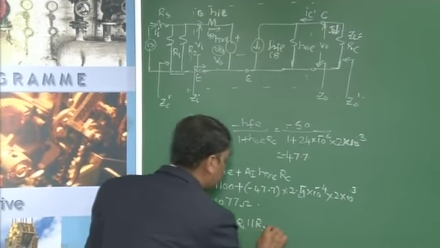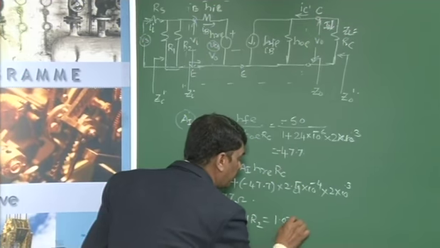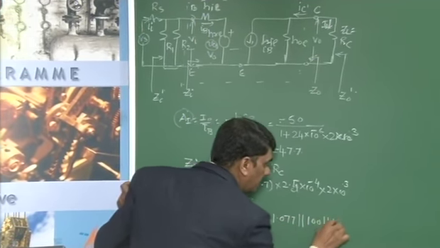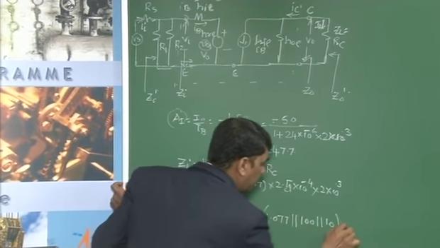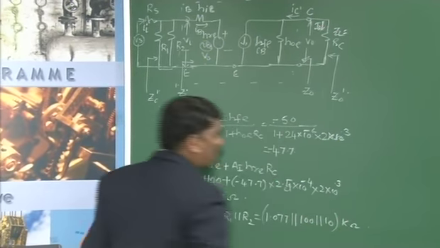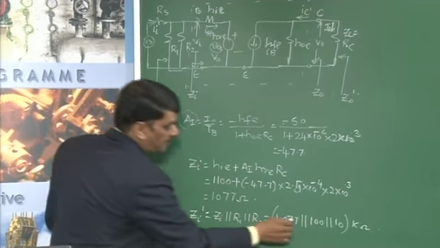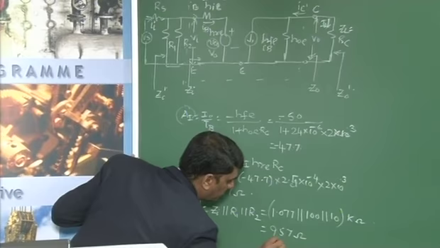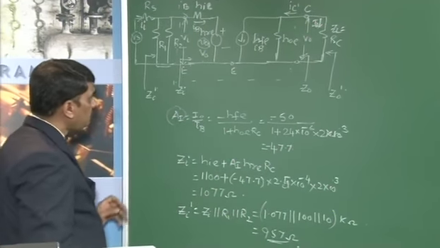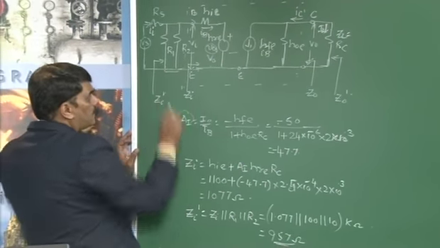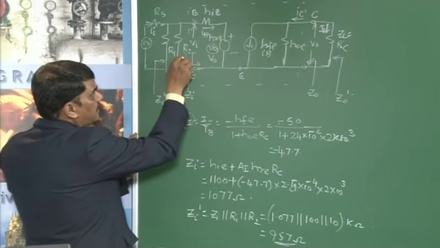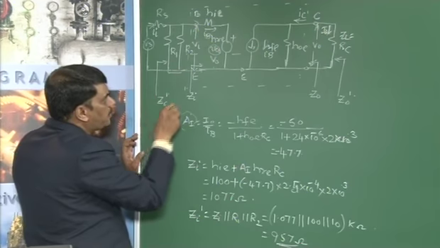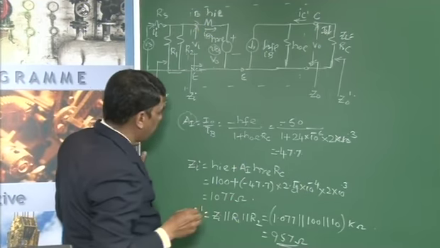This is nothing but 1.077 in parallel with 100 in parallel with 10, in kilo ohms. Simplifying this, you get approximately 957 ohms. This implies that due to the biasing resistances, the input impedance of the transistor amplifier is further reduced.